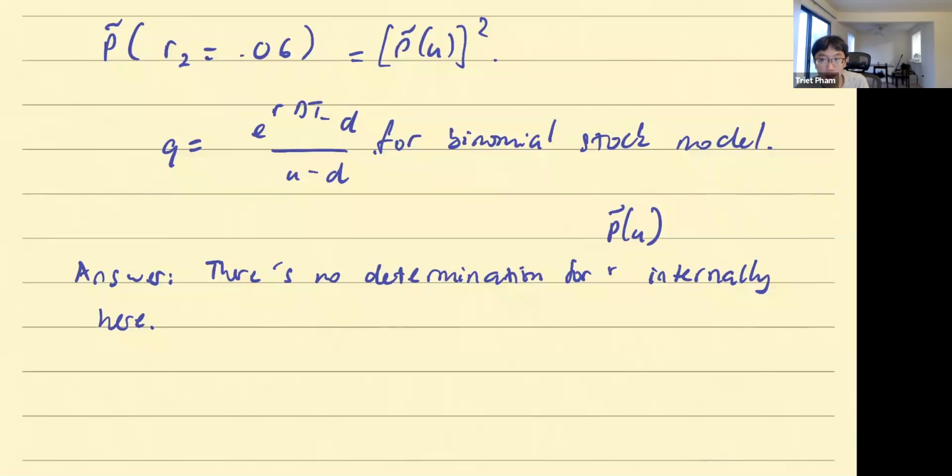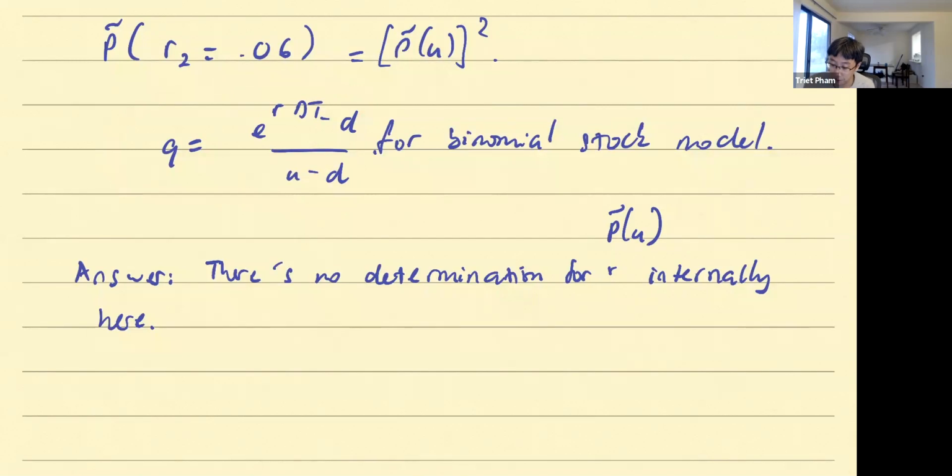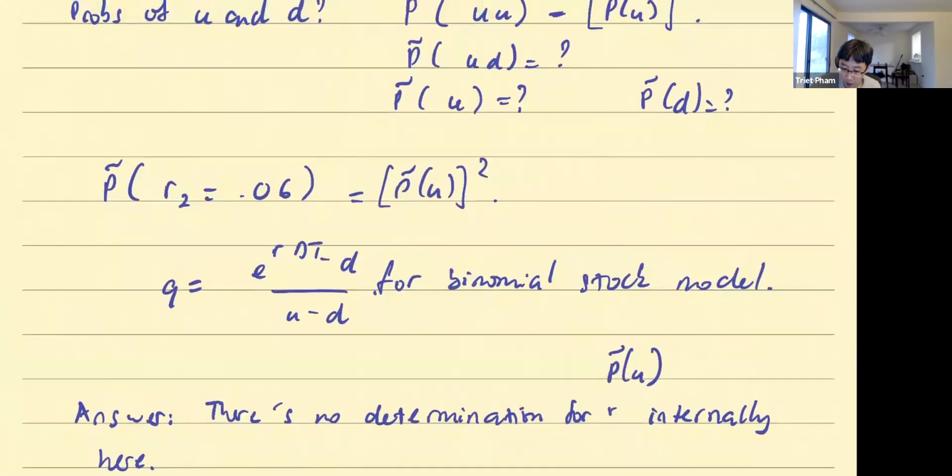Okay, and why? Do you remember the basis for us to derive this equation? What's the logic behind this equation? The logic behind this equation is the pricing on the stock itself.